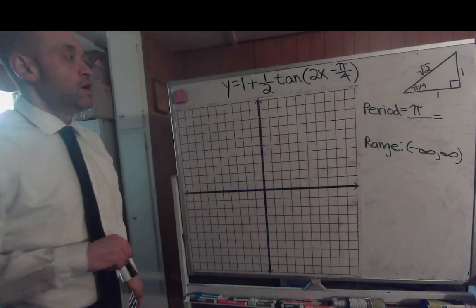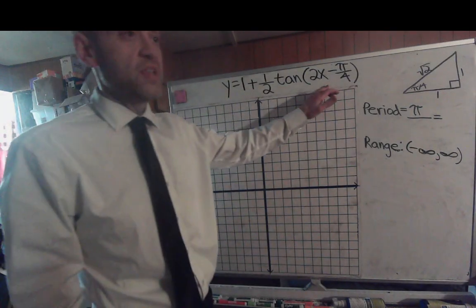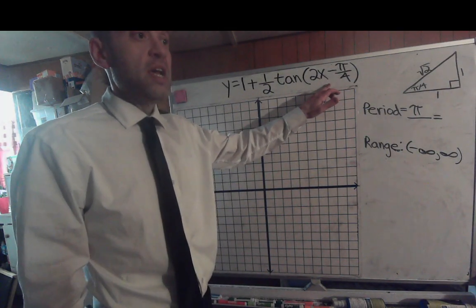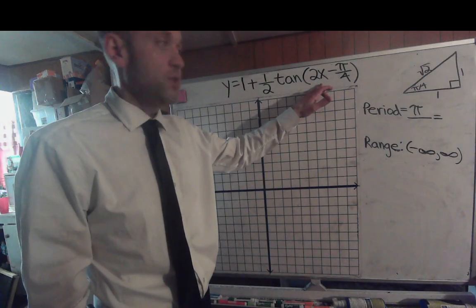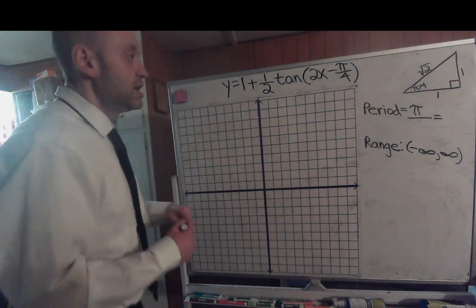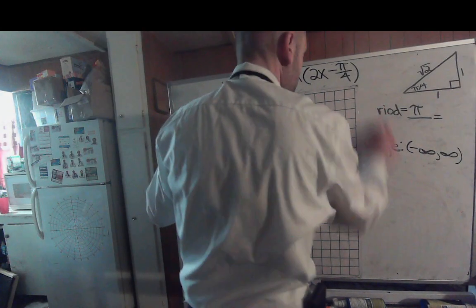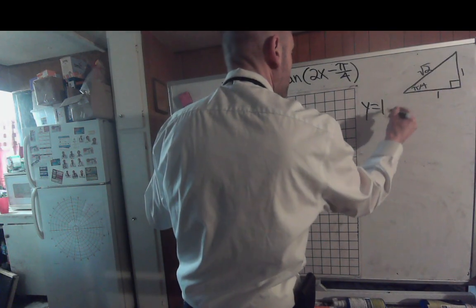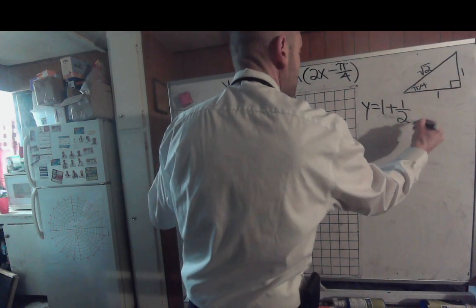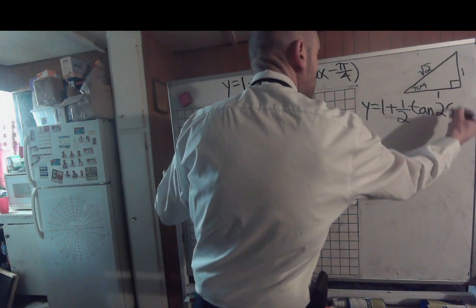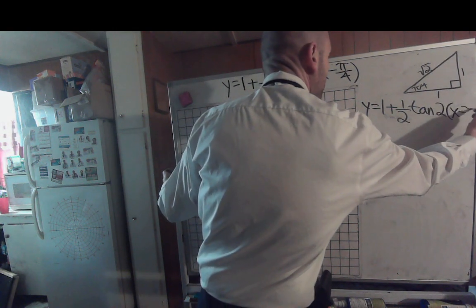Now, what do you notice about the coefficient on the x in the parentheses? Because we definitely have a horizontal shift. In order to have a true b, you have to factor out the coefficient on the x, right? So what this really should say is y equals 1 plus 1/2 times the tangent of 2 times x minus pi over 8.